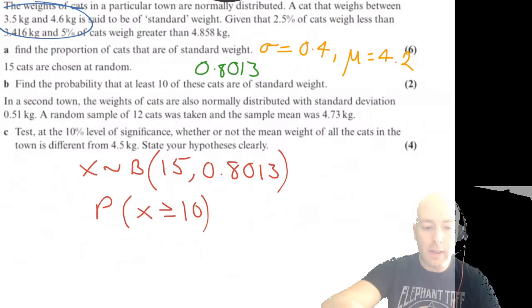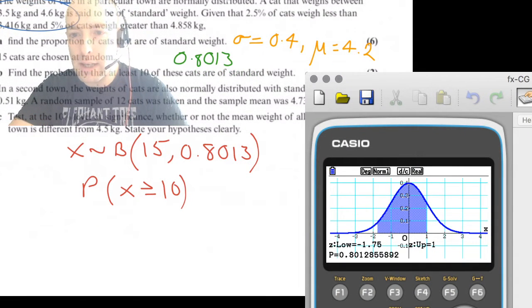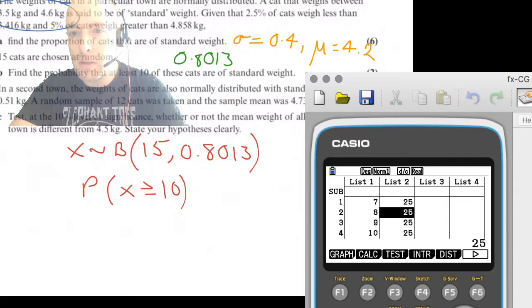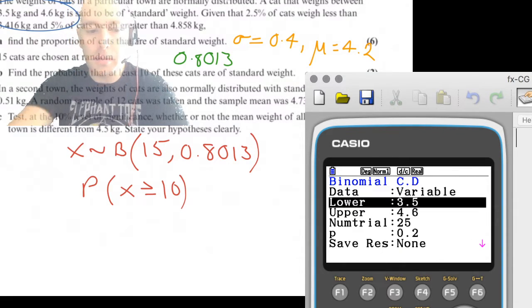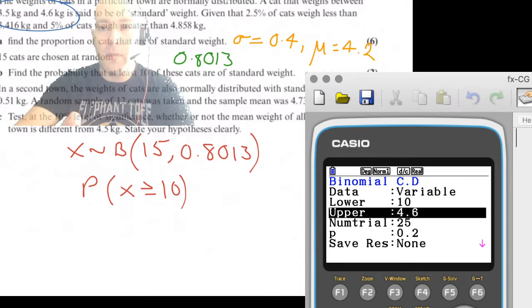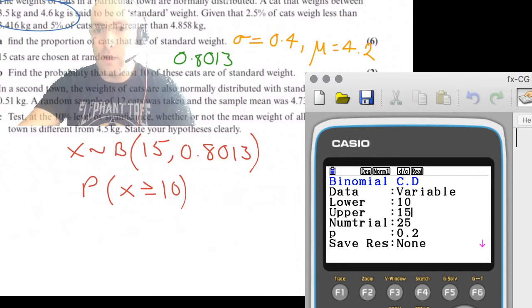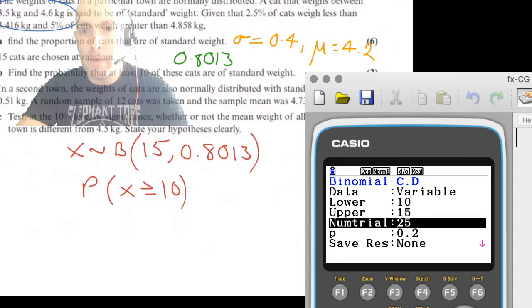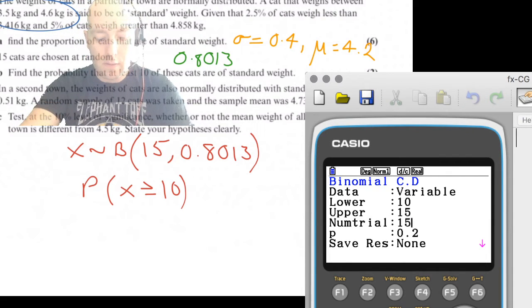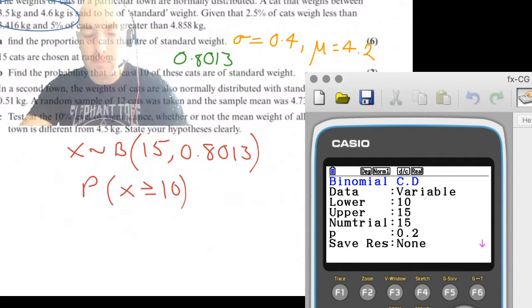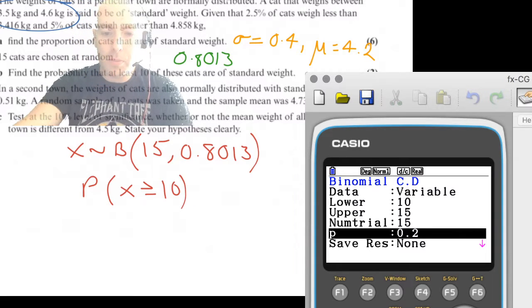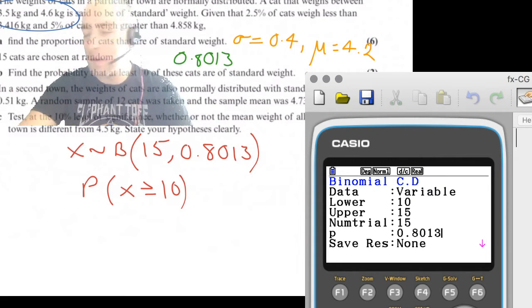So back to the calculator, looking at a binomial distribution this time. BCD, our lower is going to be 10. Upper, well, 15 trials, so the upper is going to be 15. Number of trials, 15 trials. And probability of success, 0.8013.